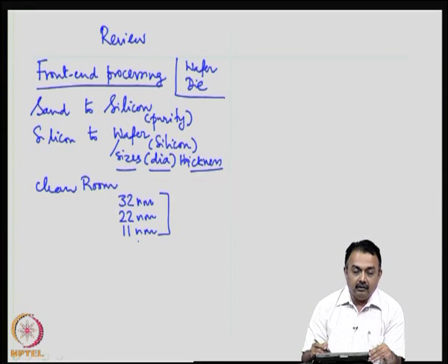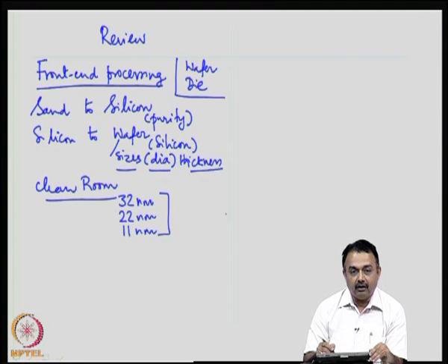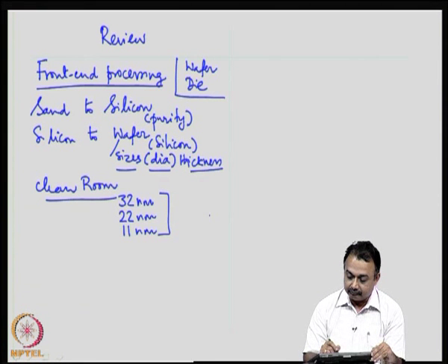Therefore, the technologies require clean room facilities that have to be maintained and qualified every day and every hour. So, the clean room maintenance and the costs are going to be very important in the manufacture setup.